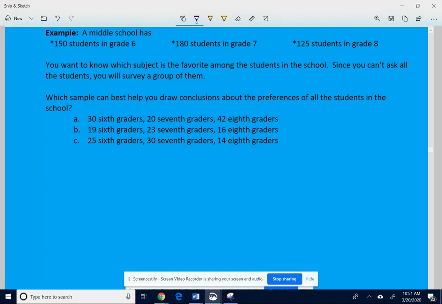Okay, we're going to take 150 actual students in grade 6, write that over the 19 6th graders in the sample. We're going to compare that to 180 7th graders in the group.